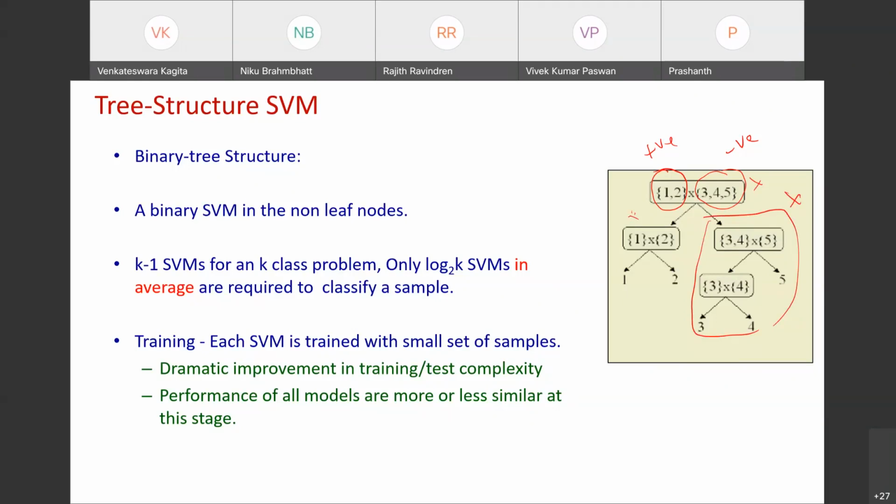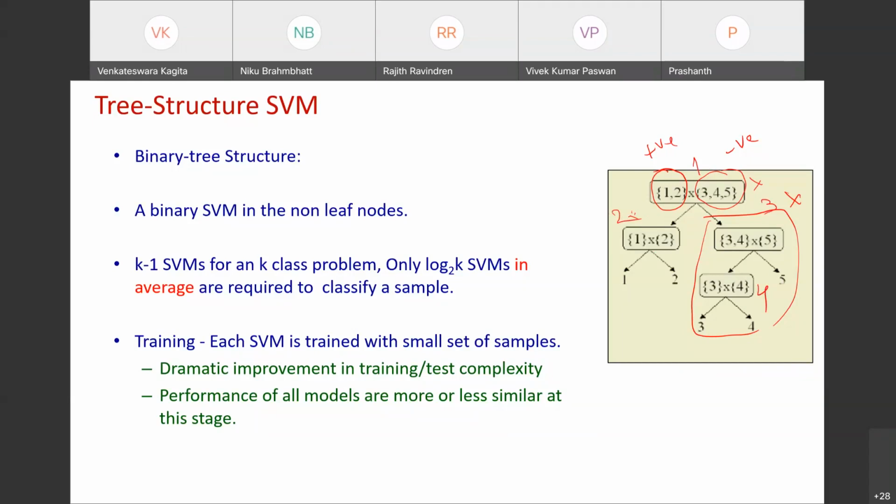Finally, if you follow the path, it will be classified as one of the classes. If you have k classes, k minus 1 SVMs are required. If you see how many classifiers here, this is one classifier, this is another, 3, 4. 4 classifiers are required with the 5 classes. So if you have k classes, then k minus 1 classifiers are required.